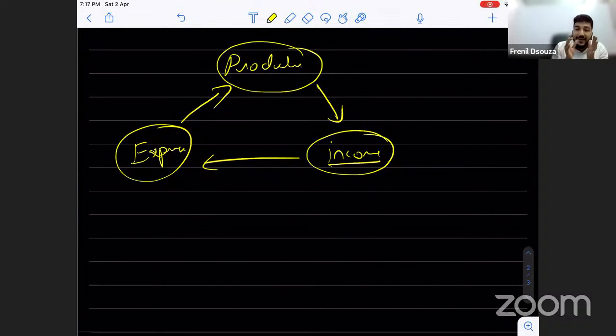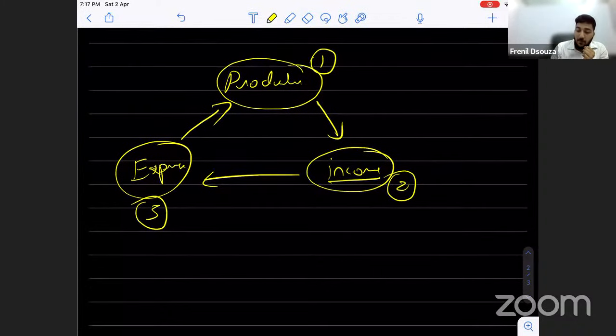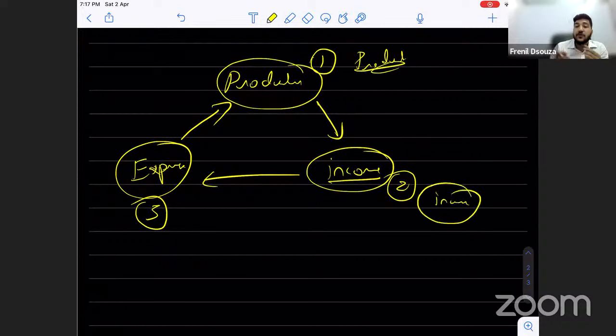And you can capture the income at any of these three points. It could be point 1, point 2, or point 3. If you capture it at point 1, it is going to be the product method. If you capture it at income, it is going to be the income method. And if you capture it at the expenditure stage, it is going to be the expenditure method.